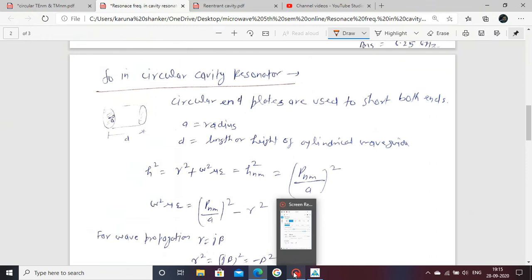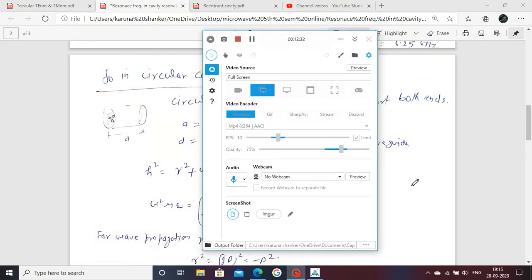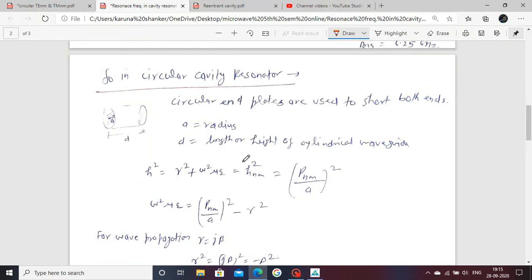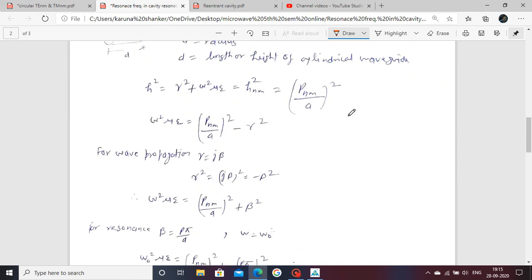Okay, next we move to the resonance frequency of the circular cavity resonator. Here in the circular cavity resonator, a plate is put on both sides, which forms a box whose particular frequency resonates. A is the radius and d is the length or height of your cylinder. We have already seen the circular waveguide.